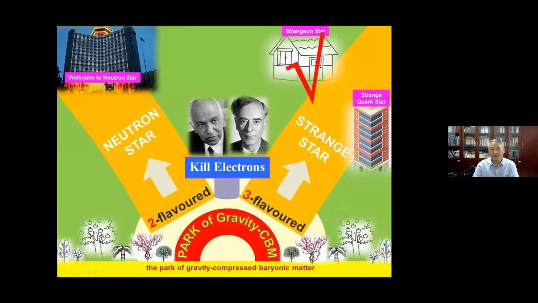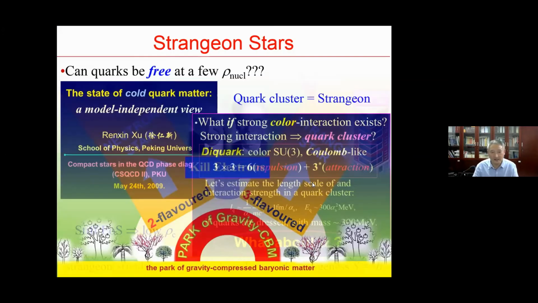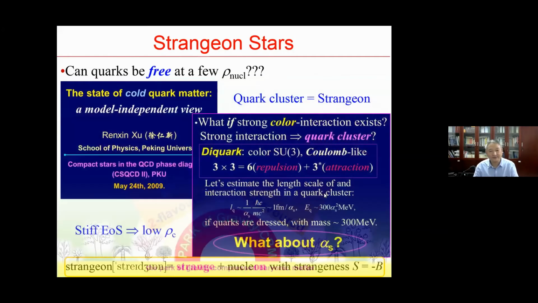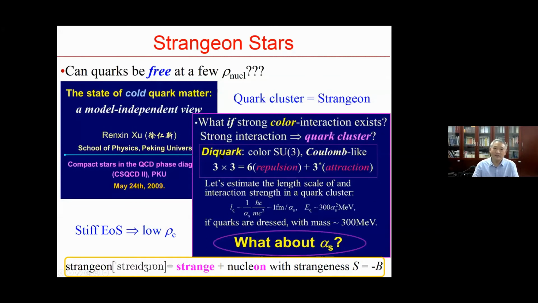In this way, we have this building, as I told you, for free quarks. But there is another small building, small house in this way, the so-called Strangeon star. Let me explain this house. At a few nuclear density, it could be questionable for free quarks.